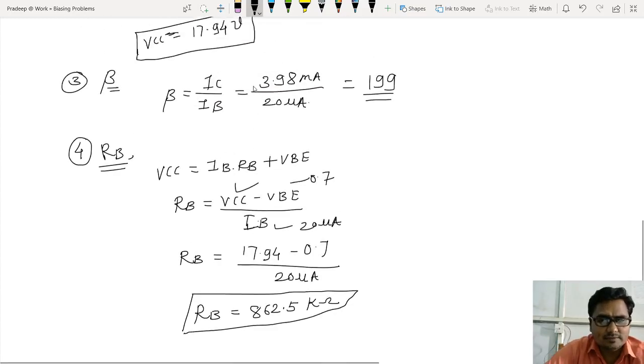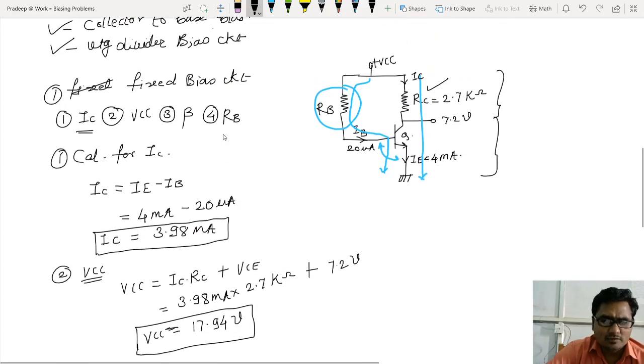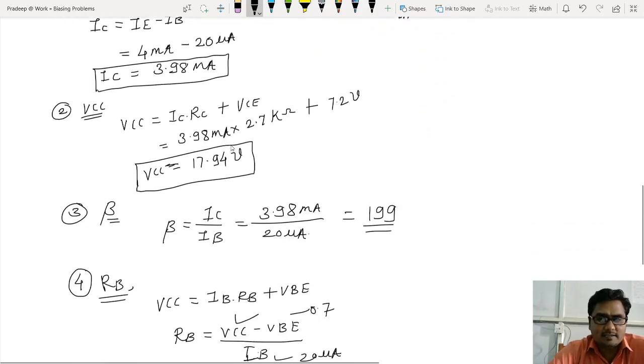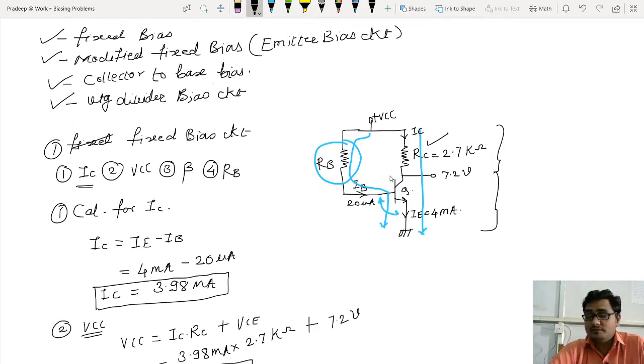Now those are four parameters. What's next? No, only four parameters they told us to calculate related to the fixed bias circuit. Isn't it so simple? Whatever biasing circuit we have, we just need to apply basic KVL and KCL and things will be done. It's not any rocket science as such.